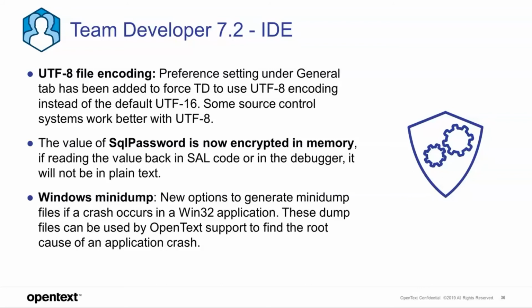So if you read the memory of an application at runtime, you won't be able to read any passwords. And we do have a Windows mini dump, which is a debug feature that can be used by OpenText support to find the root cause of an application crash, for example.